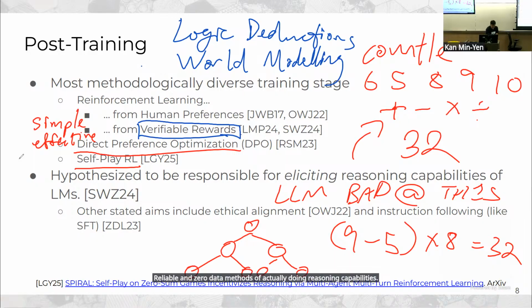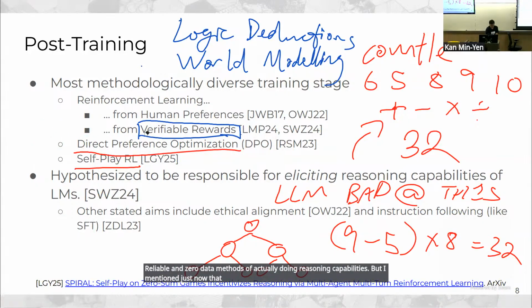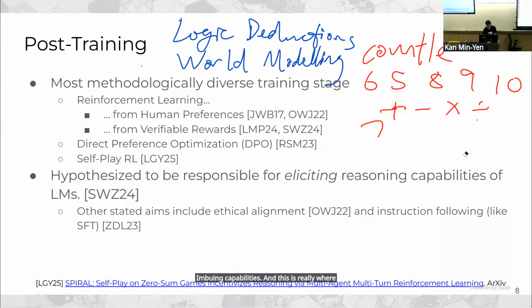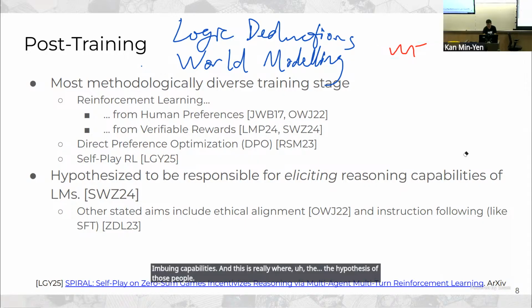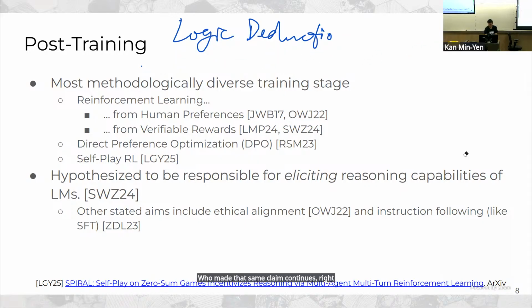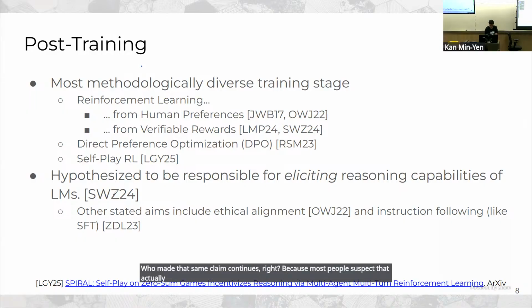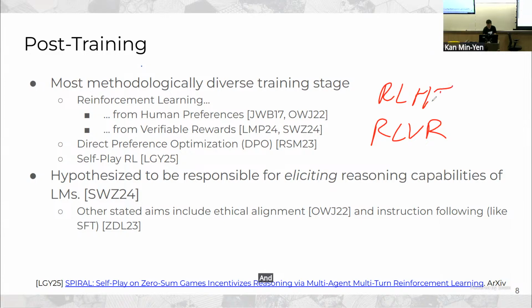But I mentioned just now that pre-training actually was responsible for imbuing capabilities. And this is really where the hypothesis of those people who made that same claim continues, right? Because most people suspect that what things like RLVR and RLHF are doing is simply drawing out what was already there.